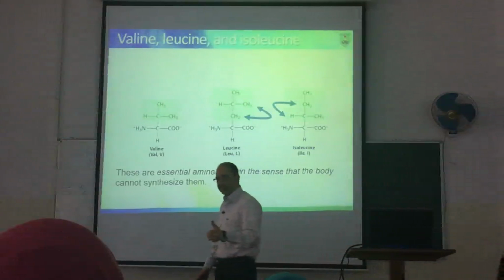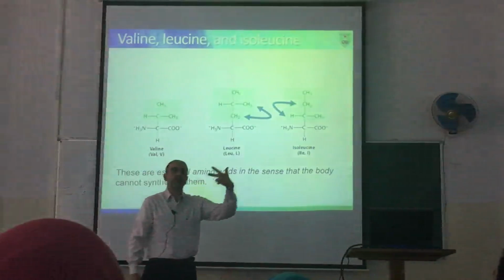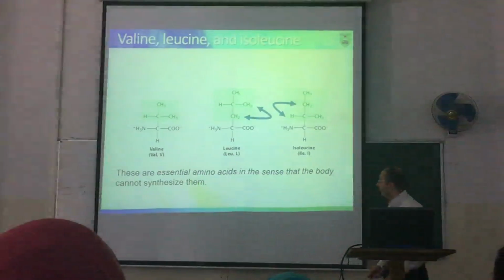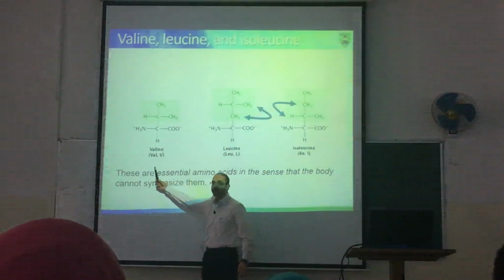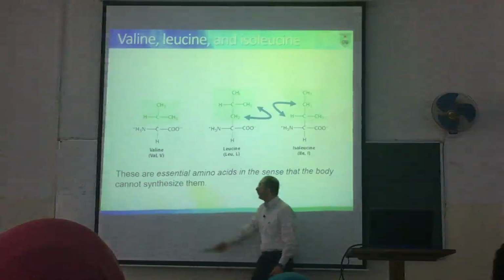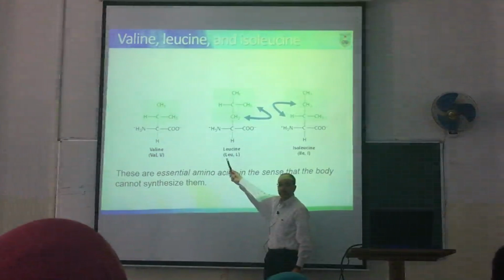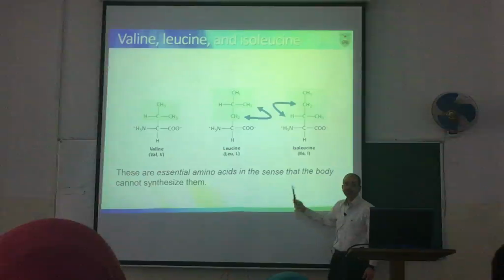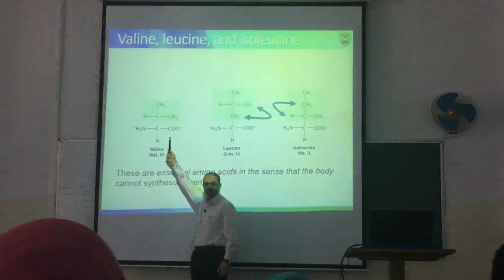Now we come to the three aliphatic ones. They are branched, so they are non-polar. Their names are valine, abbreviation Val. Leucine, L-E-U, Leu. Isoleucine, I-L-E. Notice the structure of valine, it's branched.